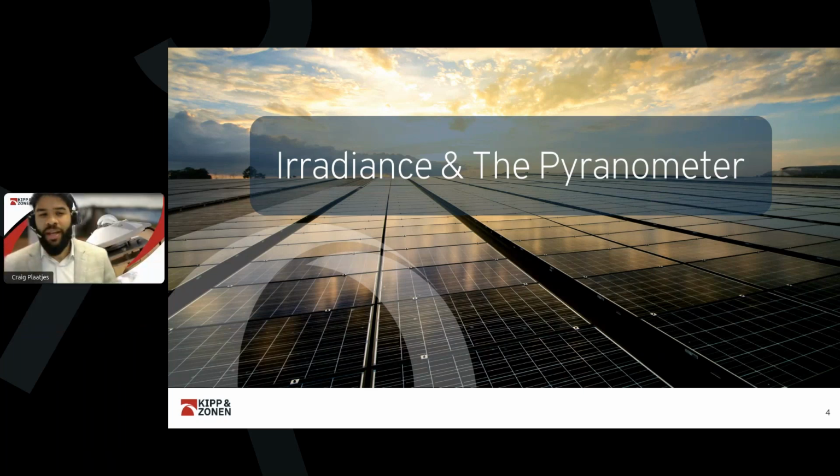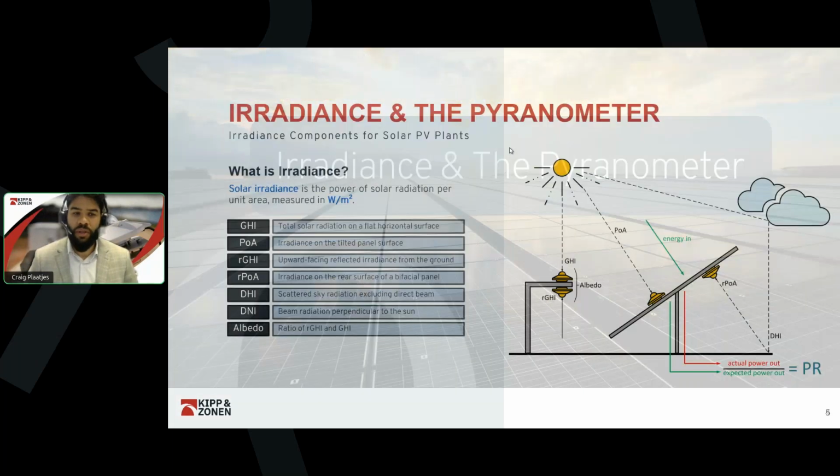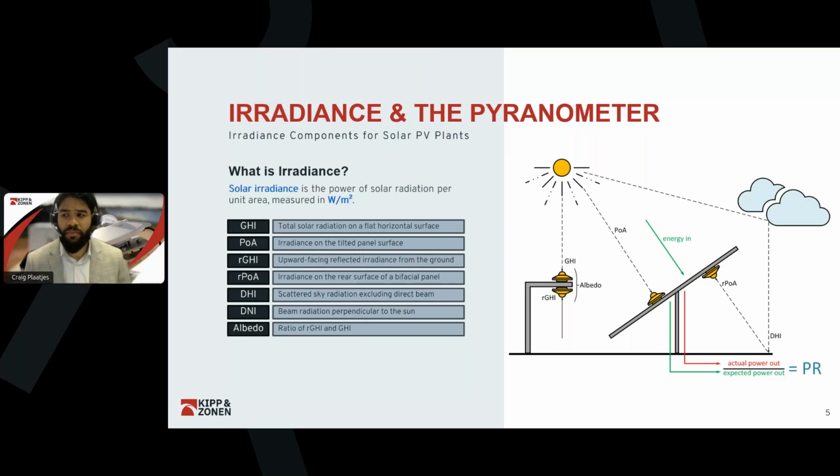So let's get things kick-started with a brief overview of irradiance and pyranometers. On the next slide, we'll see that this may come across as a bit basic to many, but I think it's worth running through the fundamentals. It does start with the sun, which emits electromagnetic waves across a broad spectrum that includes ultraviolet, visible light, infrared, and together this is what we call solar radiation.